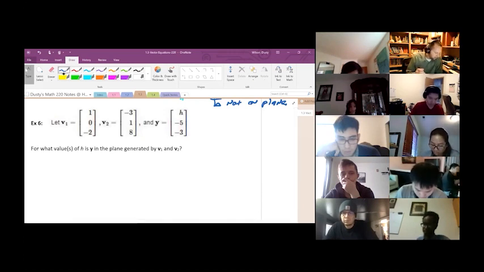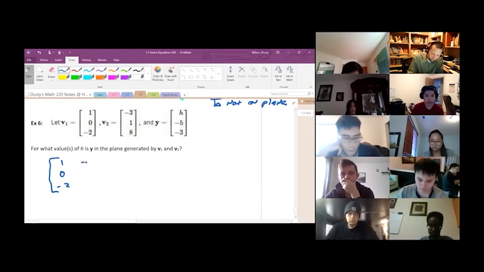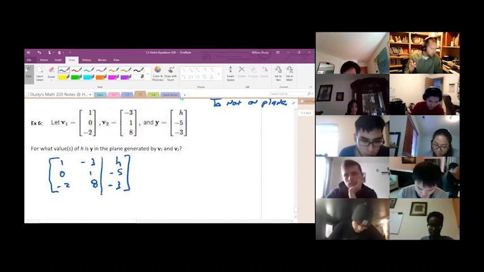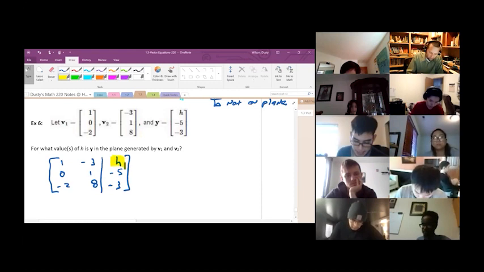So for what values of h is Y in the plane generated by V1, V2? We start by setting up a matrix, just like we did in the previous example. The vectors form the columns of the matrix, and we need to row reduce. Anytime you have a letter in your matrix, you can assume that I'm asking you to show the steps, not use technology to do the row reducing.